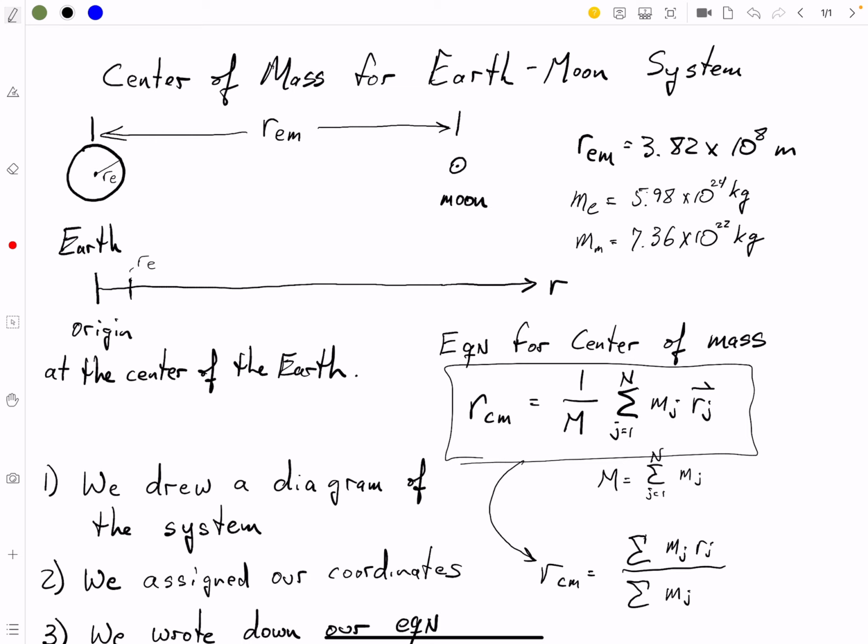Okay, so we drew a diagram of this system. That's the first thing that we did. The second thing is we're going to assign our coordinate system. So here's our coordinate system.